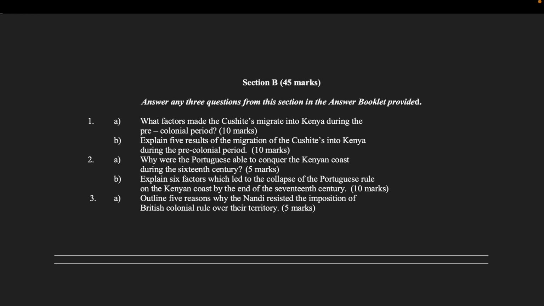Some Kushites who had been converted to Islam spread the religion in the areas where they settled. The Kushites attacked the eastern Bantu communities who had settled at Shungwaya, and forced them to move to their present homeland in Kenya. The Kushites intermarried with the communities they found in the areas where they settled.